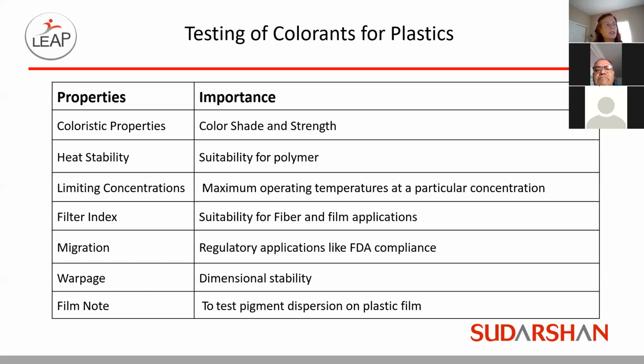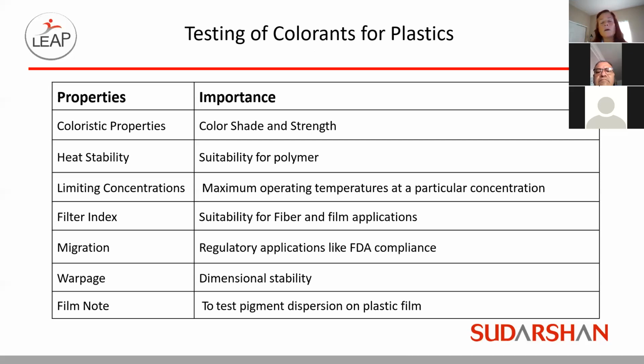So if there's a particular concentration where the heat stability is altered, we want to make sure that we are clear with that so that we can match up to as much of the polymer applications as we can. Filter index is always key as well.